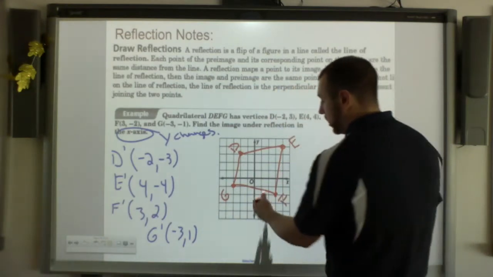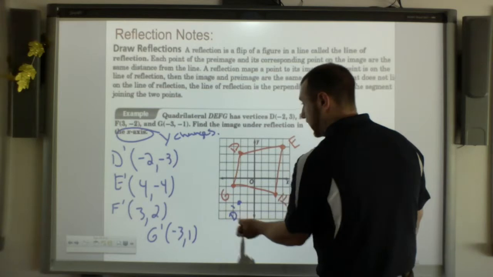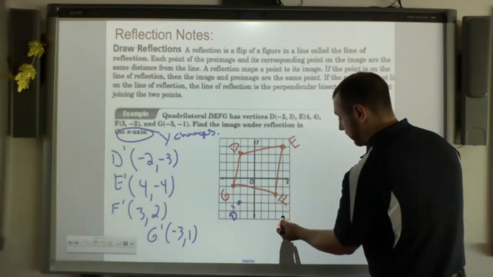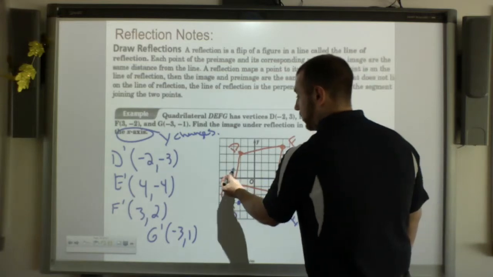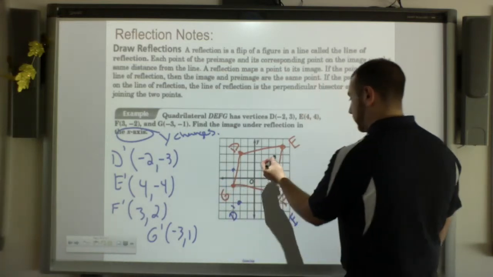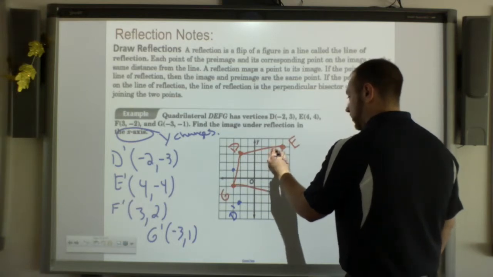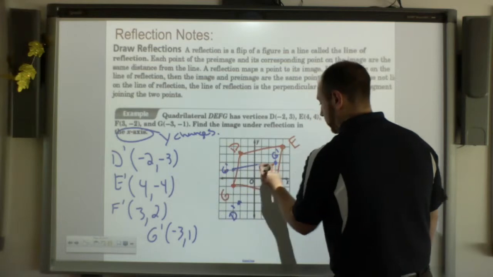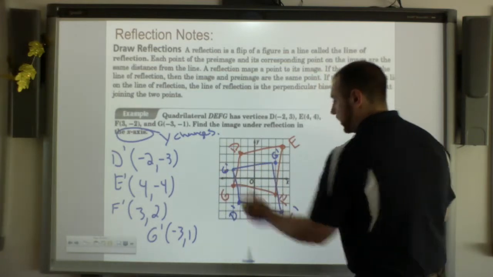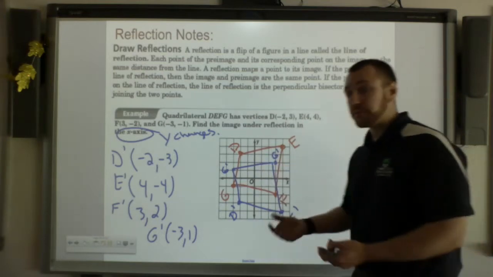My new one becomes negative 2, negative 3; 4, negative 4; 3, 2; and negative 3, 1. So you see how they reflected over the x-axis.